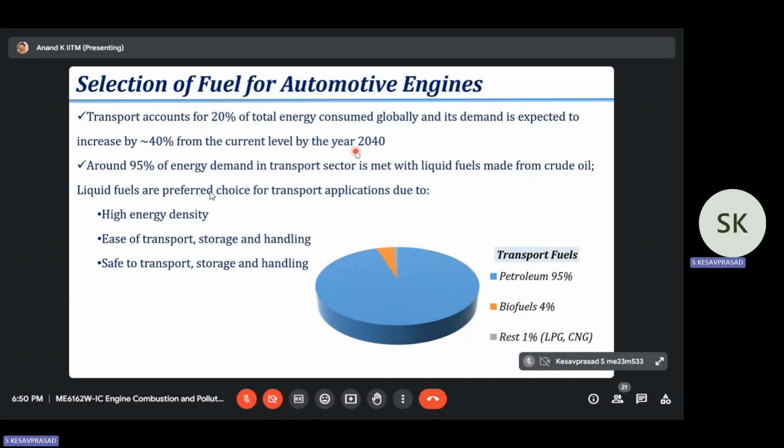This is projected to increase to 40% in 2040. So we are in the 20s. In another 20 years, it's going to double. It means energy demand for the transport sector is going to increase significantly in the upcoming years. This is understandable, because for economic progress you need energy and you need the transport system. It plays a significant role in the economic progress of any country.